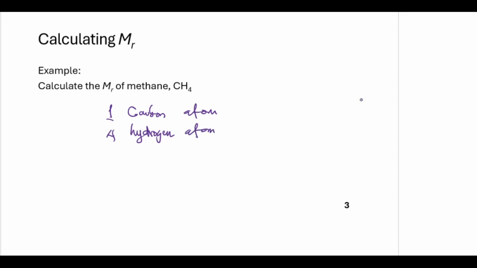I said we will find the relative molecular mass by adding up the relative atomic masses of all the atoms present in the molecule. We have only 2 types of atom present here. So what is the relative atomic mass of carbon? If you check the periodic table, it is 12. And for hydrogen, of course, it is 1.